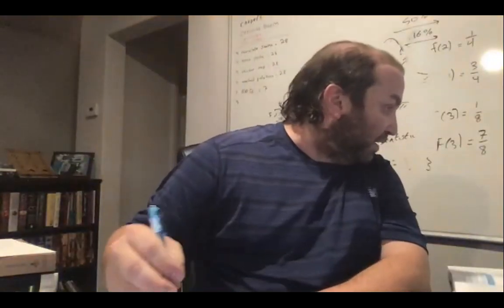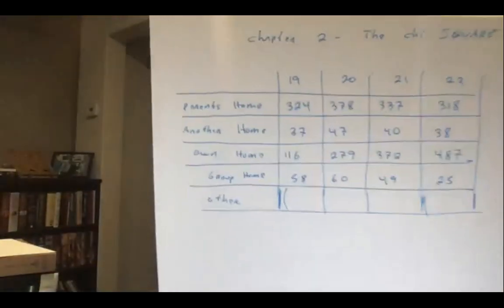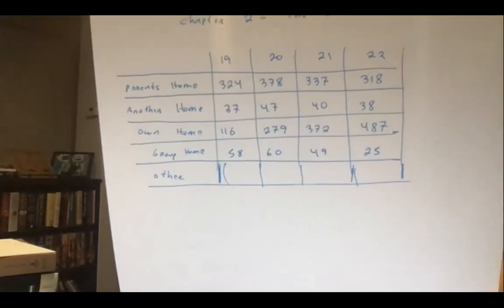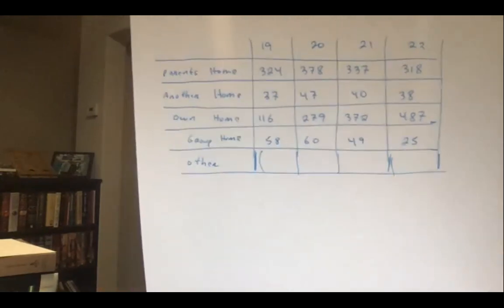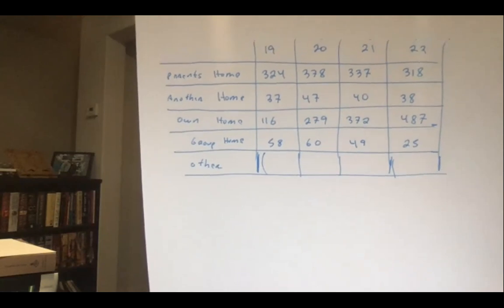And group home is 58, 60, 49, and 25. And you definitely want to have your calculators for this section, because we'll be doing a lot of calculations.